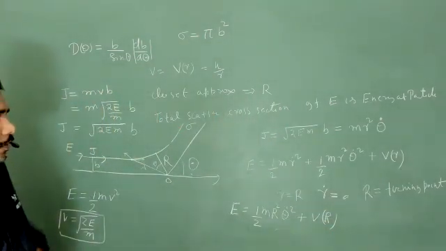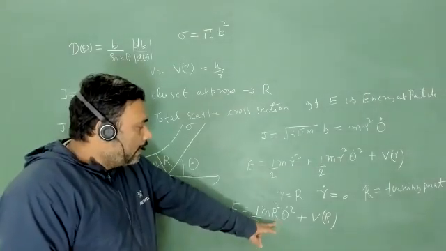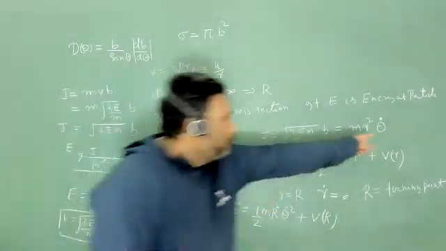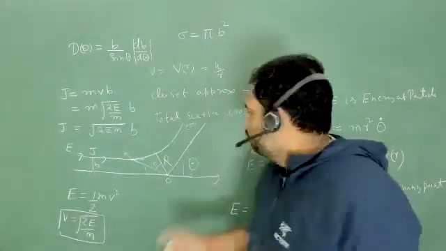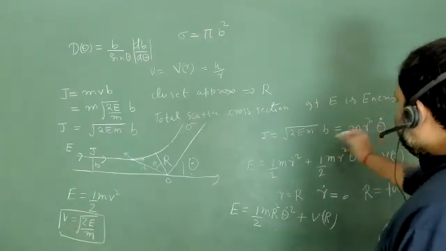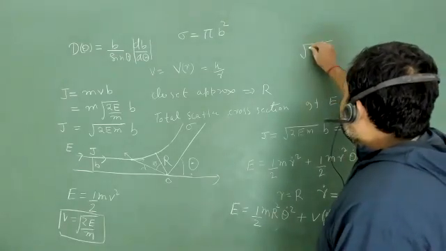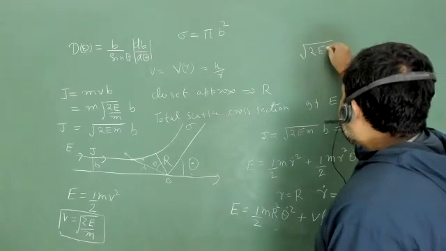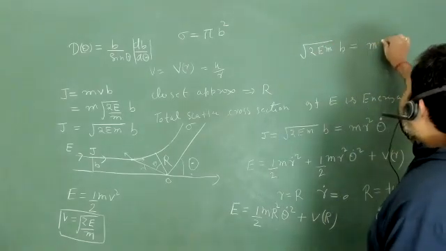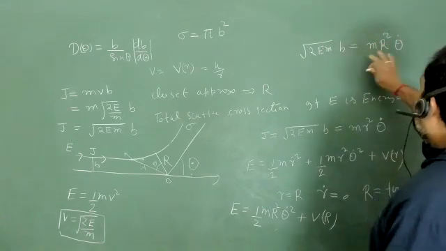And now from here I can calculate, at r equal to capital R, what will be the value of theta dot. So here we can use this particular thing. This is at some particular r, so we can write root under 2Em into b can also be written as m r square theta dot, I into omega.